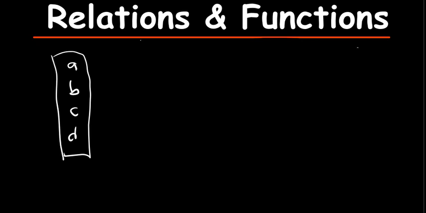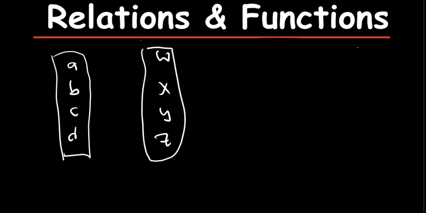Okay, let's have another example. Let's say we have the same things: a, b, c, d. So we have w, x, y, and z. Let's see. I say that this is the domain, so this is x and that is y. At the same time, you can say x is input, like I said, then y is output.